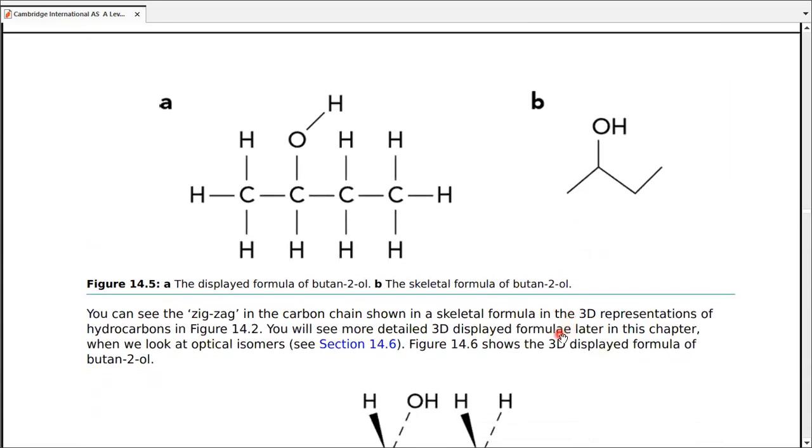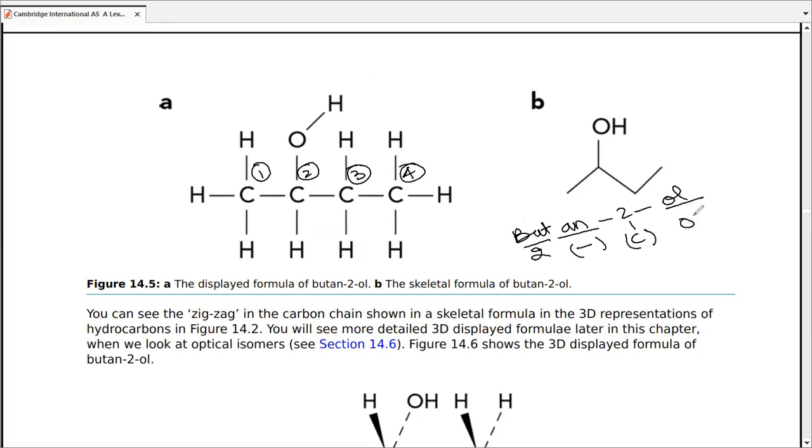Butan-2-ol. I hope you understand. As soon as I say butan-2-ol, this is one and this is the second carbon. So the but means it has four carbon atoms. An means they are singly bonded. 2 represents the carbon at which the alcohol group is joined, and ol is the suffix for the alcohol group.